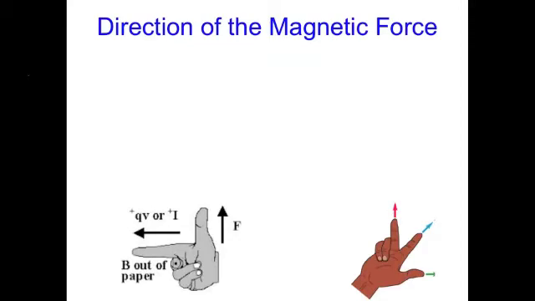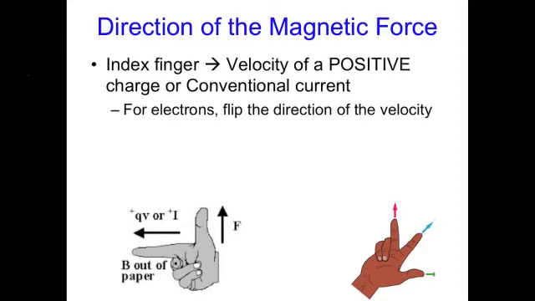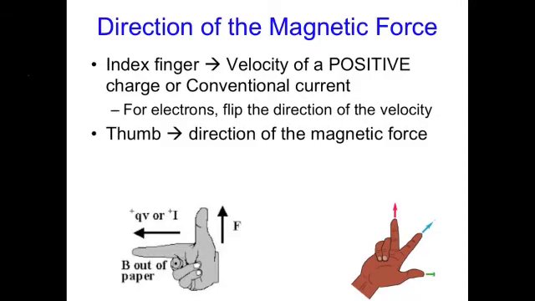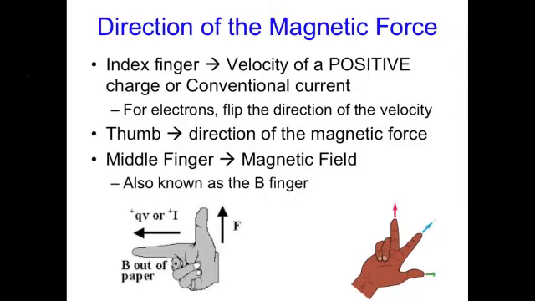As far as the force and using our right-hand rule, a few reminders. We're going to use our index finger to be our conventional current here, so the direction that our positive charges are flowing through our circuit, that's what my I is. My thumb is still the magnetic force, and my B finger is the magnetic field. So still the same representation.